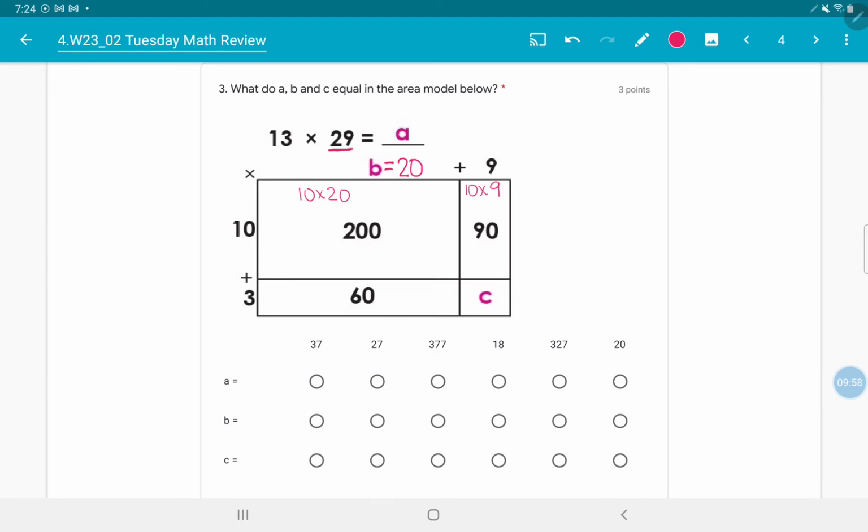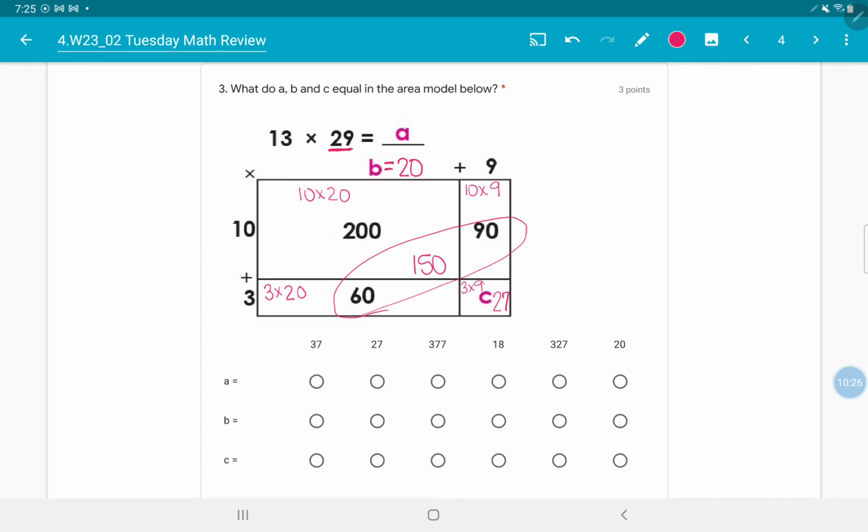They've already solved 10 times 20 equals 200. 10 times 9 equals 90. 3 times 20 equals 60. So we need to do 3 times 9 for C. And that is 27. So now we'll just need to add those together to get A. I know if I put 60 and 90 together, that gets me 150.